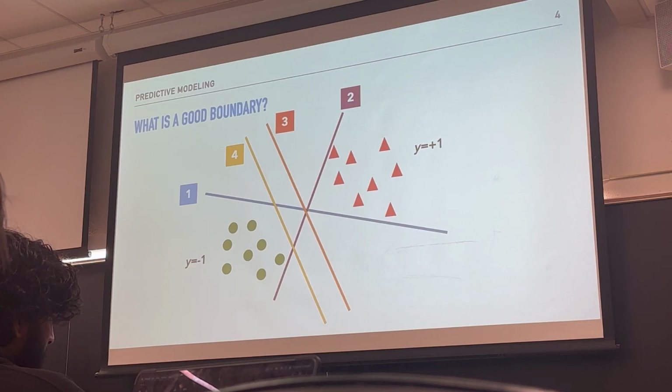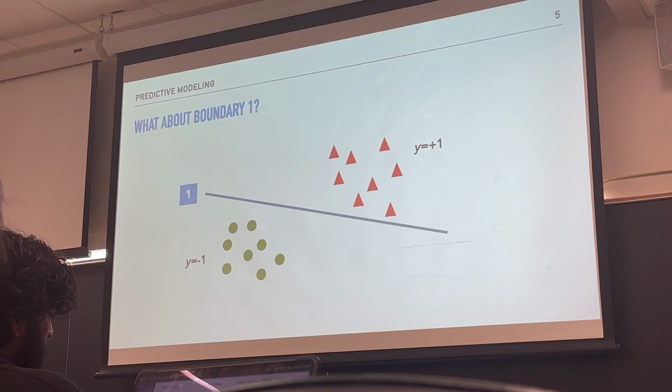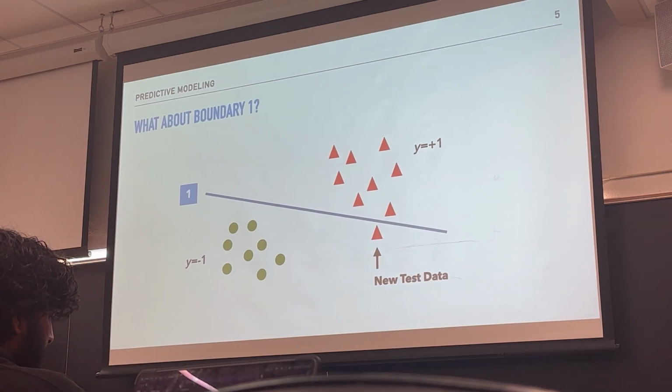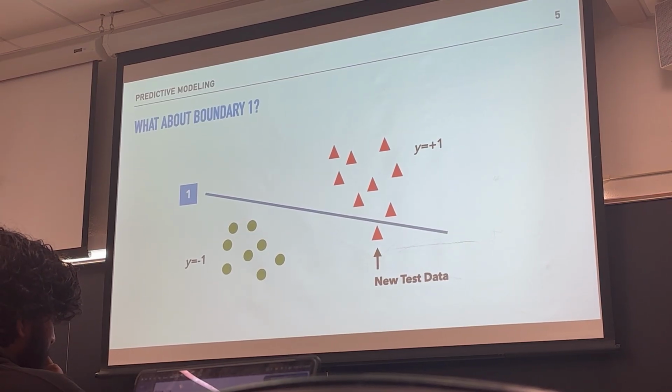And then we were talking about how to choose the best one. If you choose, for example, this one, it's close to the red triangles, and if a new data point comes in which is likely to be close to other red data points, then this linear classifier may not be a good idea, because it's likely to misclassify new test data points that happen to be close to the training red data points, right?